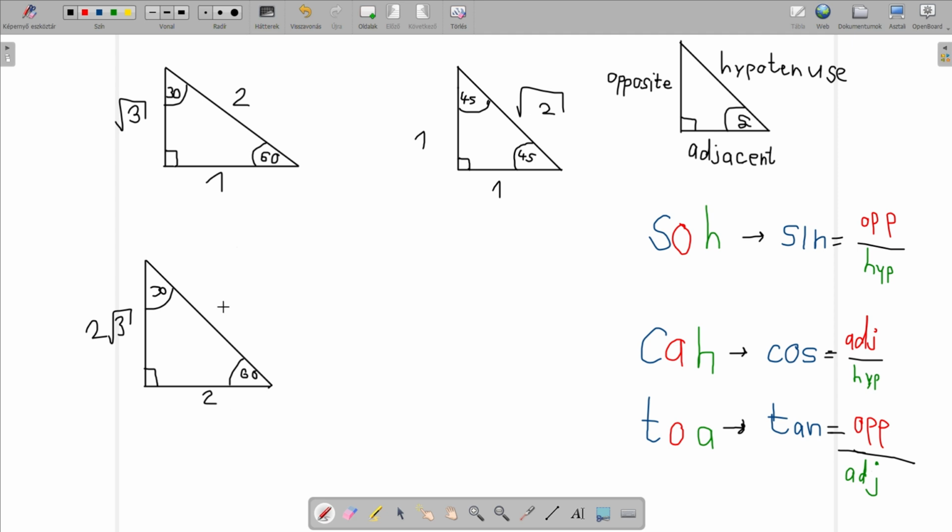So this was just scaled by the scale factor of 2, so each side was multiplied by 2.